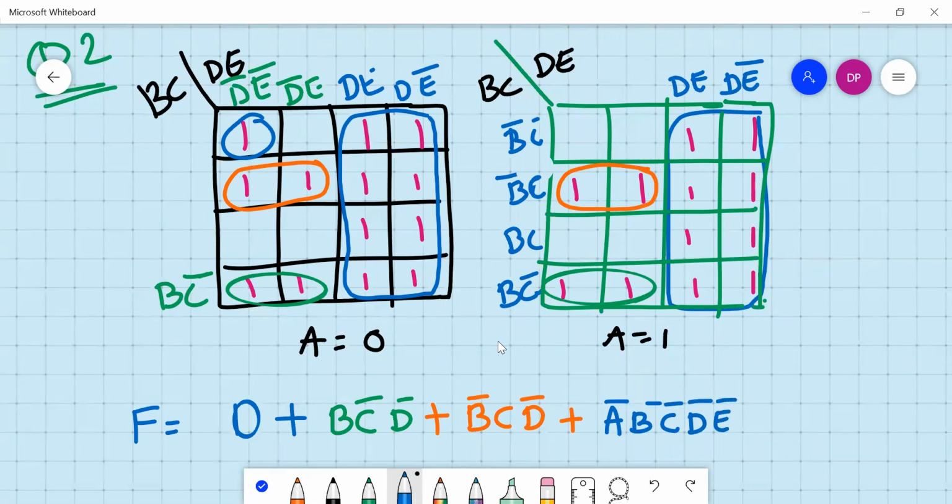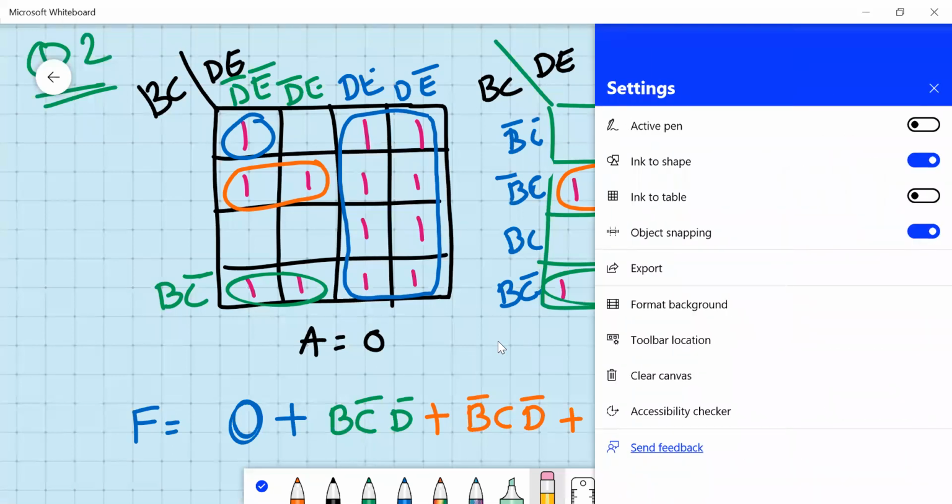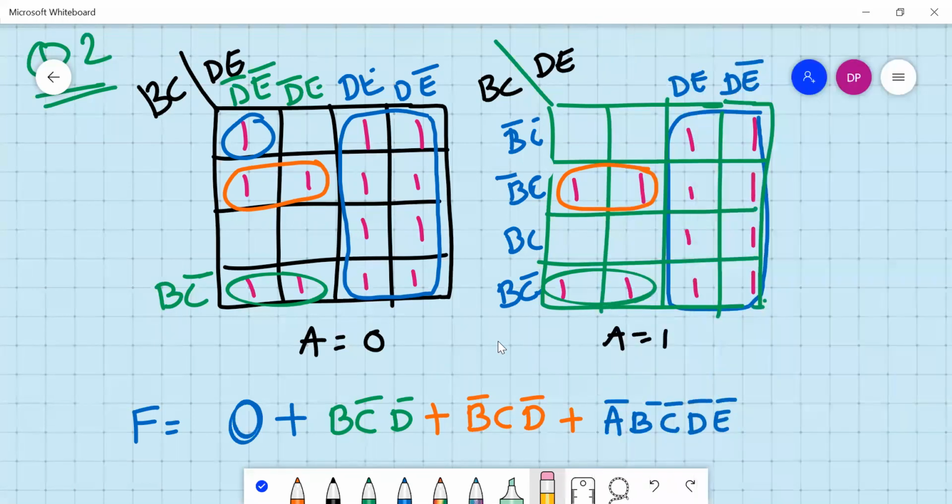So this will be the reduced expression. So this first term is D. This is the answer.